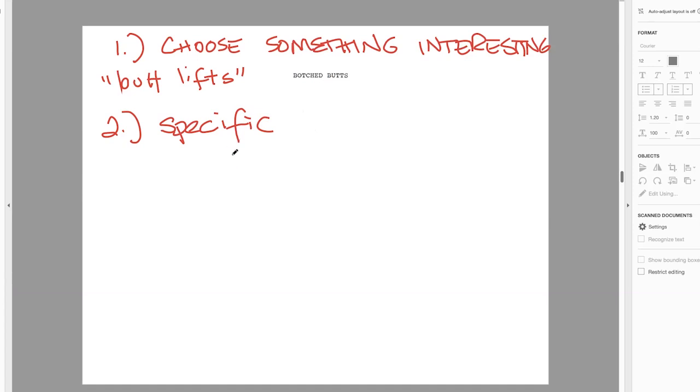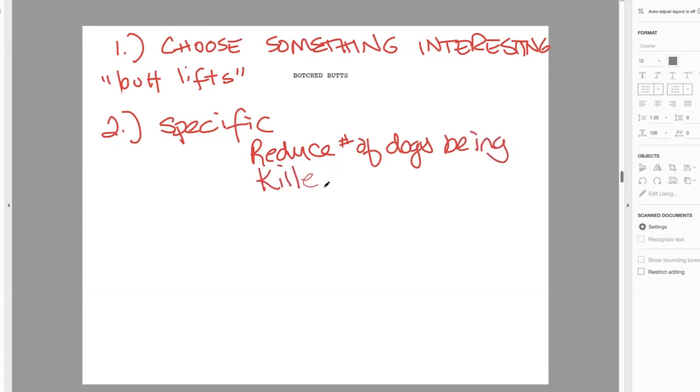For instance, the example I used is, say your goal is to reduce the number of dogs being killed in shelters. Well, the reason that dogs are being killed in shelters in cities might be very different than the reason dogs are being killed in shelters down south or in rural areas.